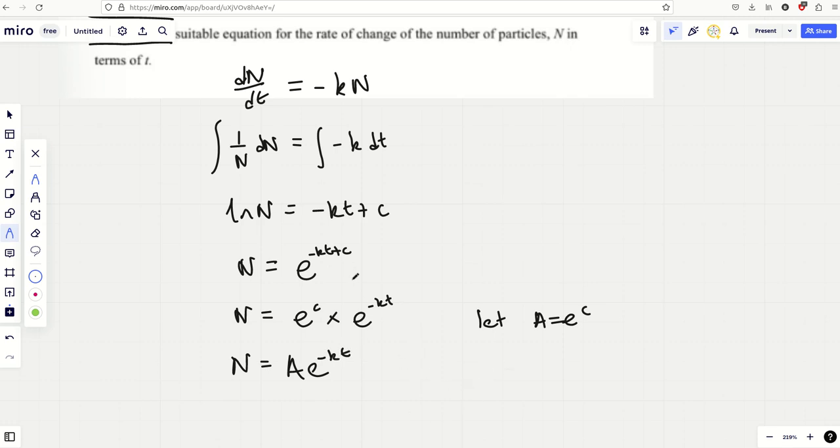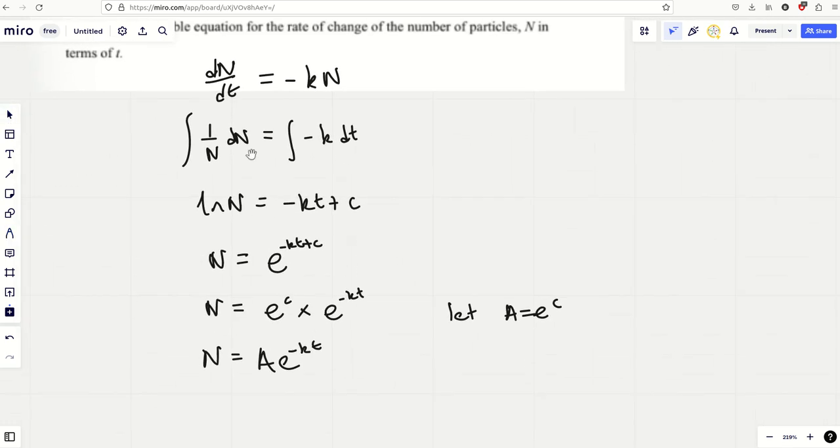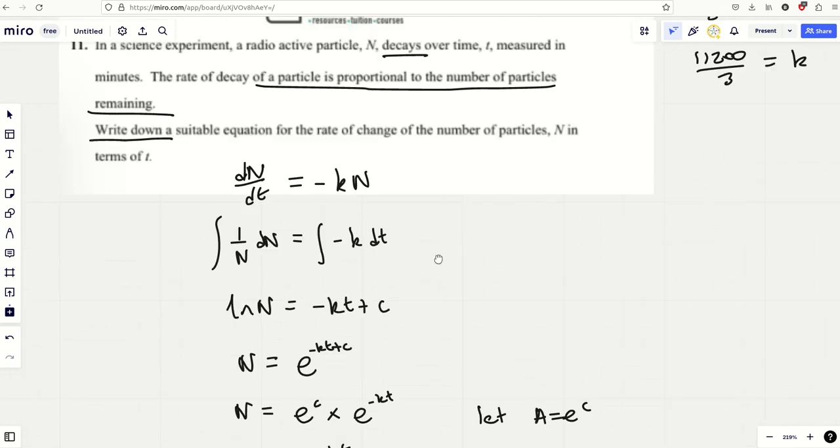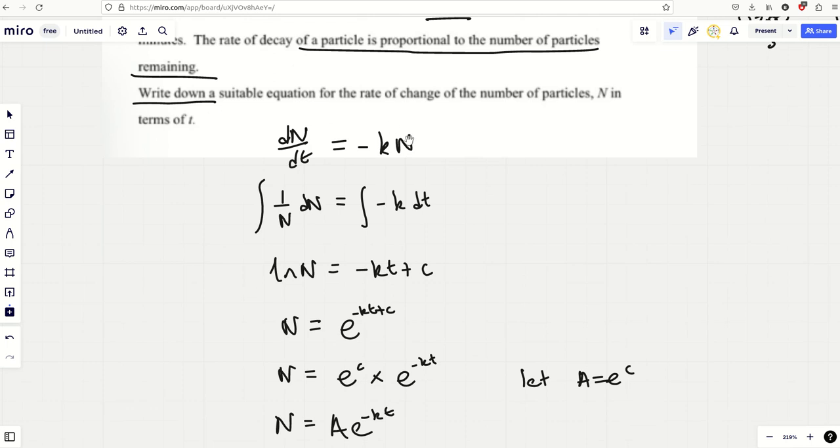Yeah, so you could have written down this answer without proof, but you can also derive it very quickly if you actually separate the variables and rewrite it so it's in an exponential relationship. And you're allowed to do that when it says just write down.